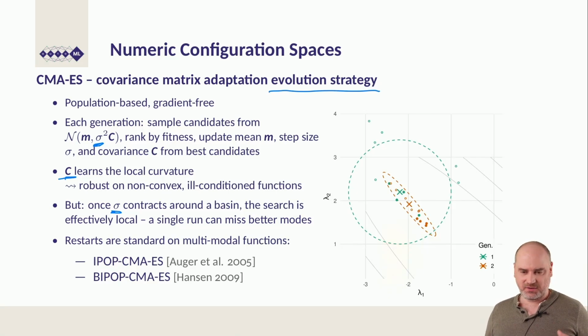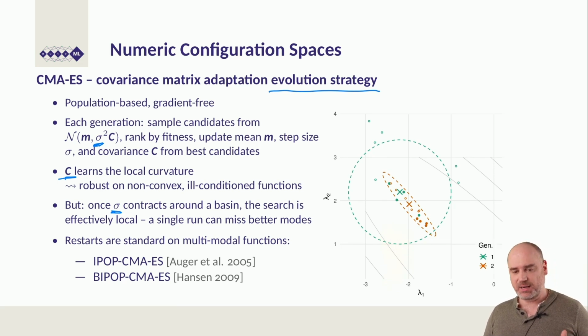But on the other hand, now the search becomes effectively local. So we can jump around the input space, the search space, a bit, and we can also leave local minima to a certain extent. But at some point, we will contract and converge to something that's local, and we will not be able to escape that completely. And because of that reason, CMA-ES is usually also combined with restart techniques.